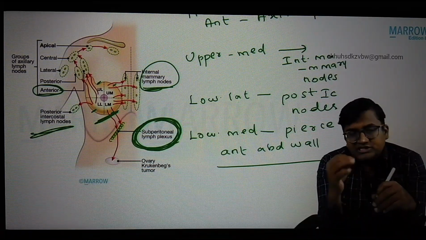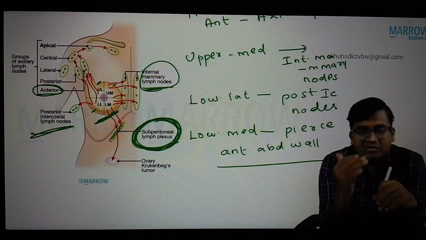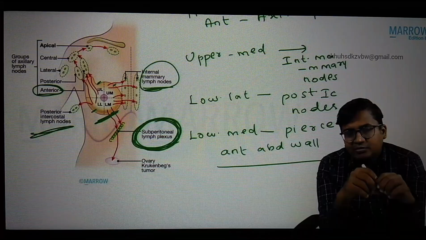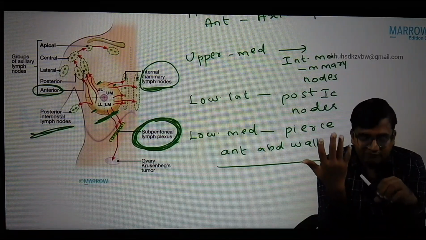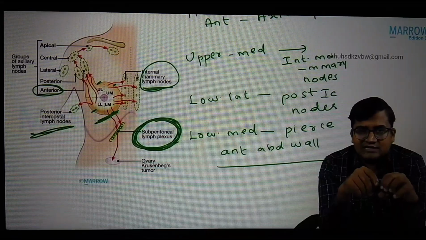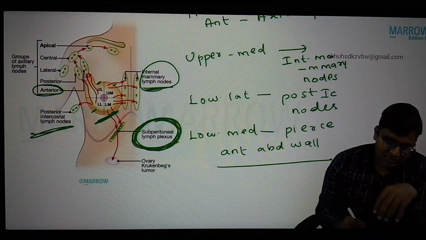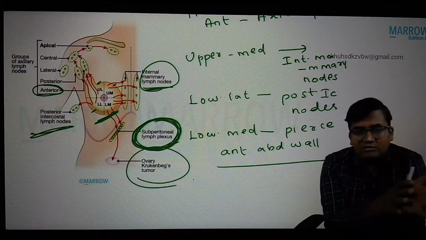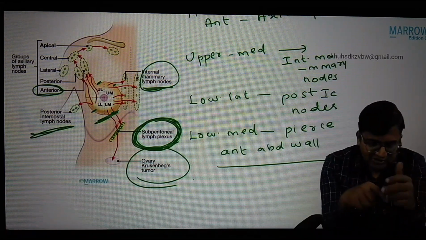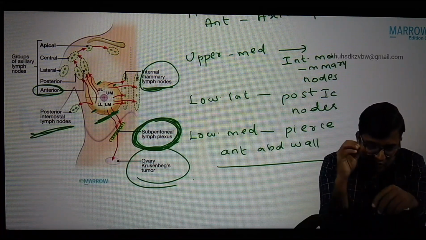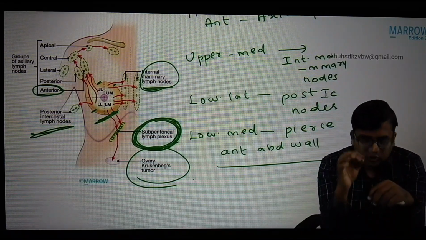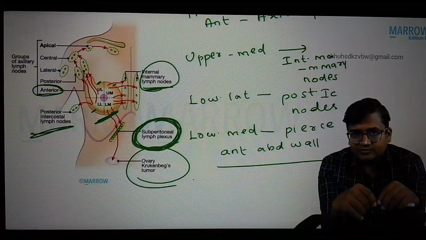Suppose the patient has carcinoma in the lower medial quadrant, then the carcinoma will spread to the subperitoneal lymphatic plexus, and from there to the ovary by transcoelomic spread. Carcinoma in the ovary is called Krukenberg's tumor. The secondaries deposited in the ovary are called Krukenberg's tumor of the ovary.